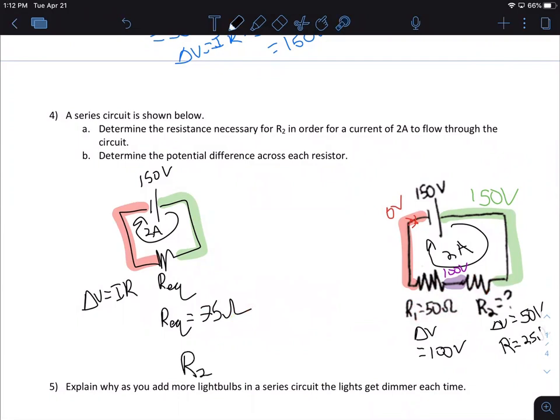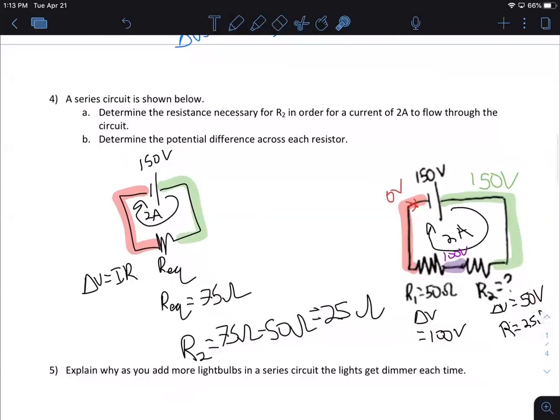R2 has to be 75 ohms minus 50 ohms equals 25 ohms. And then again, to get B, I just say 25 ohms times 2 amps is 50, and 2 amps times 50 is 100.